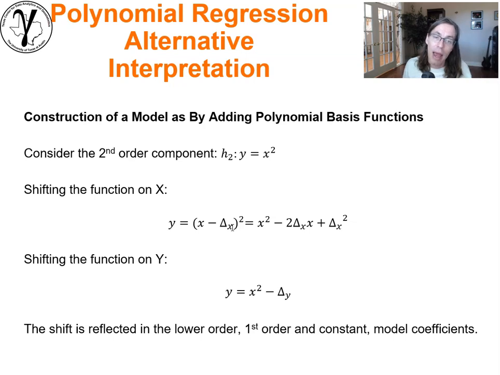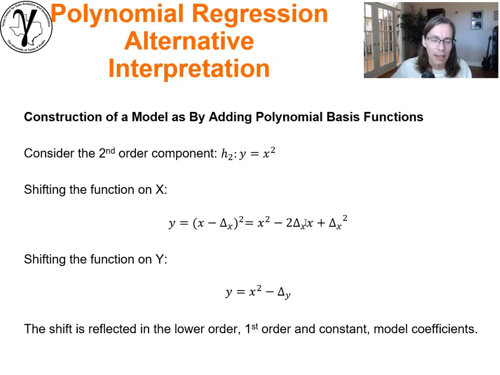Now, if you expand that term out, what you'll find is that you actually go from just having an x squared term to having an influence on the coefficients in the lower order terms, the constant term here and the first order term here, the x to the 1 power. So in other words, if you're shifting the function back and forth, you're going to have an impact on the lower order coefficients within the polynomial expansion.